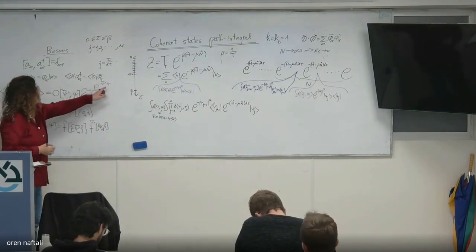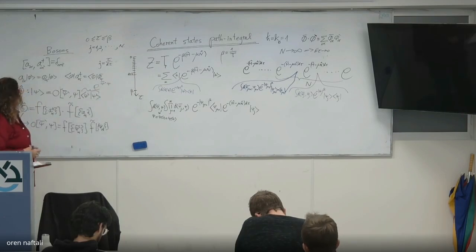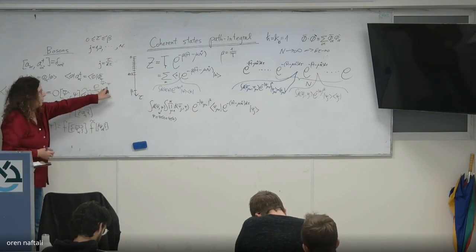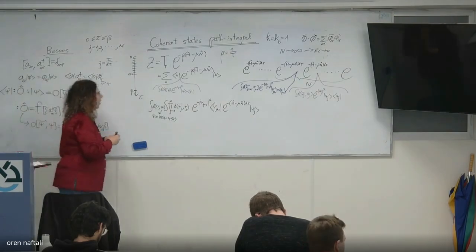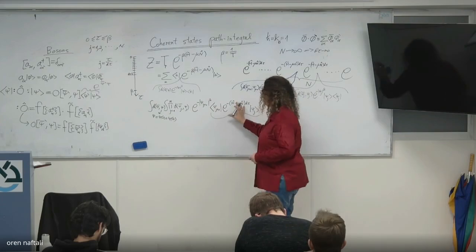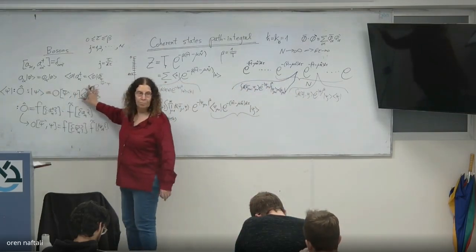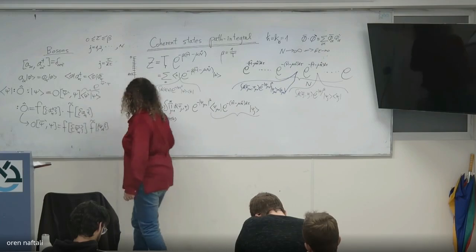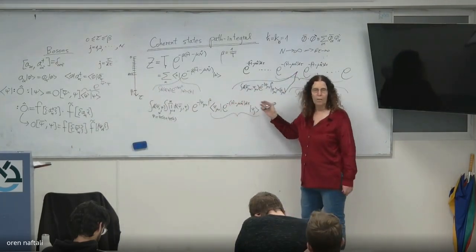Where again, psi prime psi is the sum over alpha, and so on. So we know what this is, and therefore I can take this. This is just an application of this general identity, where my operator is now e to the minus h minus mu n beta.